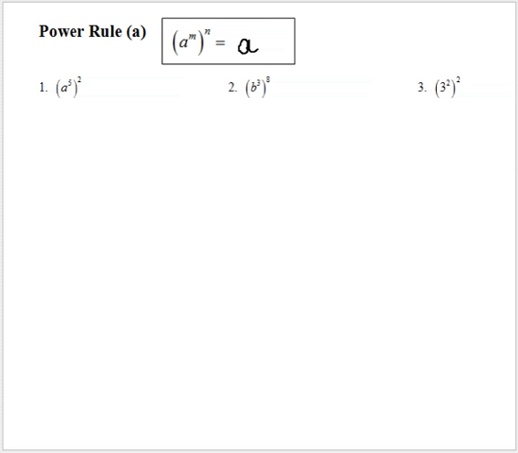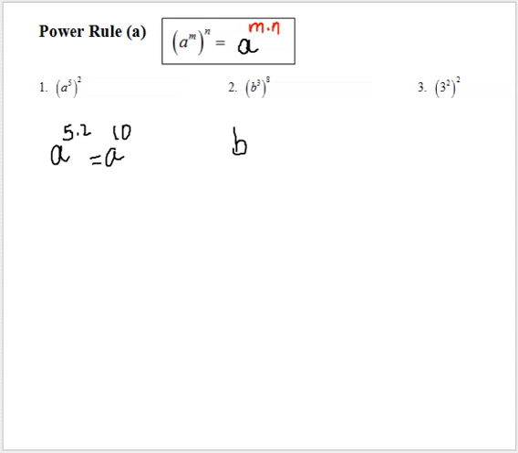If you have a to the power of m, to the power of n, that would be a to the power of what? mn. Yeah, we multiply. Okay, so Robin, the first one would be a to the power of what? 5 times 2, 10. That's correct.